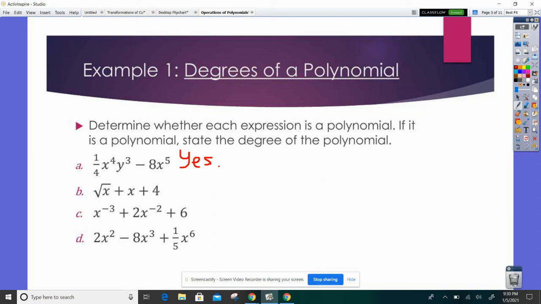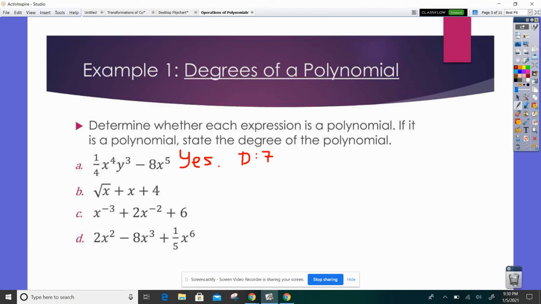Okay, so remember, our degree is our largest exponent. When you have a monomial with two variables like this, you add the two exponents together to get your degree. Okay, so for this one, 4 plus 3, that's 7, and 7 is greater than 5, so our degree is 7, the largest exponent.